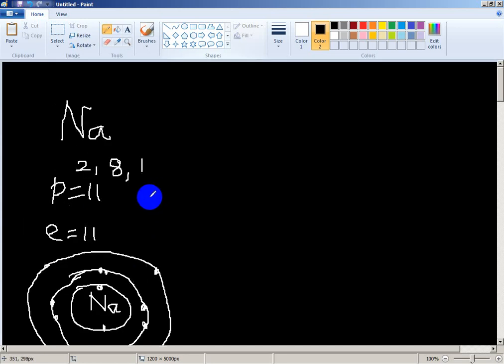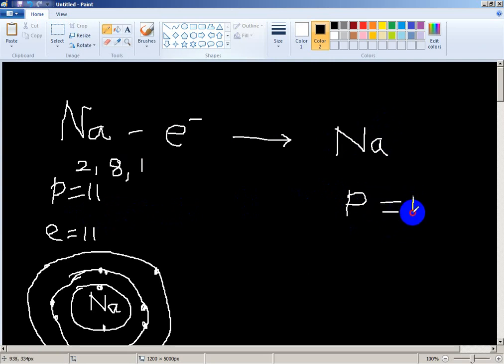So how many electrons will sodium lose? It will lose 1 electron from the outermost shell, and it becomes sodium with a 1 positive charge. Why? The proton number remains 11, and because 1 electron is lost, the electron number is 10.